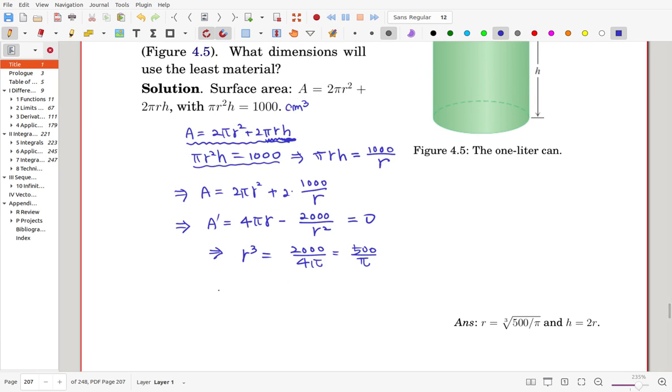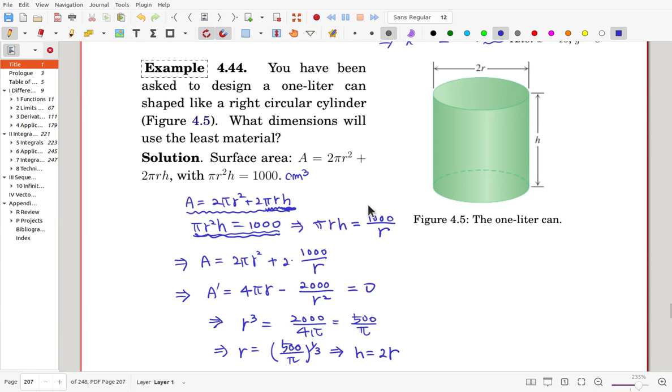So here we have r equals the 1/3 power of that quantity, 500 over pi to the 1 over 3. And by using that r, you can decide h. But if you do it practically, then h will be twice this r. Okay? So that's how we can find the dimensions.